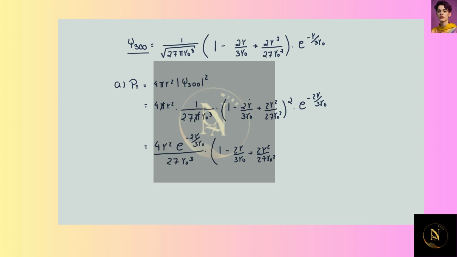Now we have minus 2r divided by 3 r0 plus 4r squared divided by 9 r0 squared, which is this term times this term again.